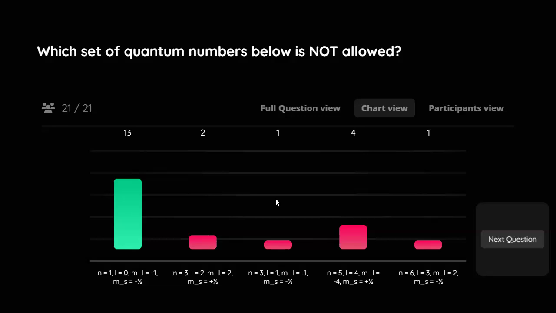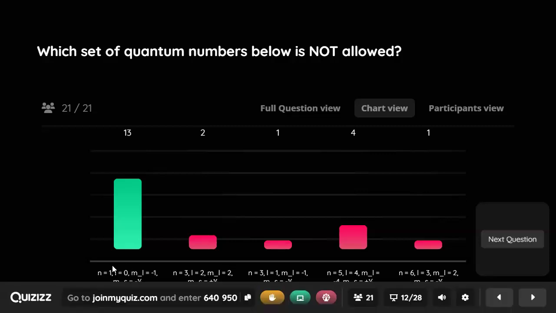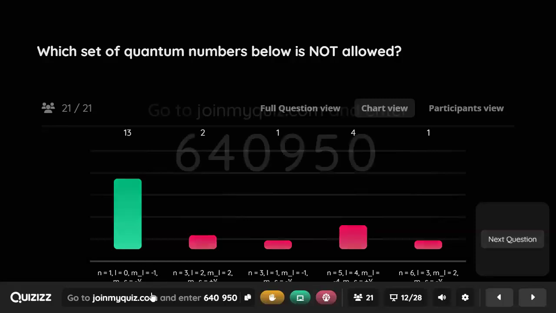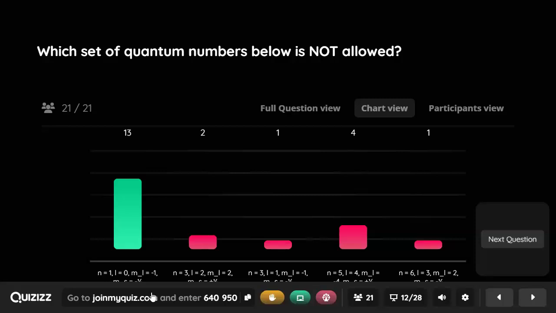But if we don't have that, then the next thing we want to look for is, where is it breaking the rules? And if we look closely here, what we can see is that if this is the first energy level, and we're talking about the 1s orbital right here, you can't have a magnetic quantum number of -1 if it's an s orbital. The only thing that you can have is a magnetic quantum number of 0, because there's only one possible orientation for s.